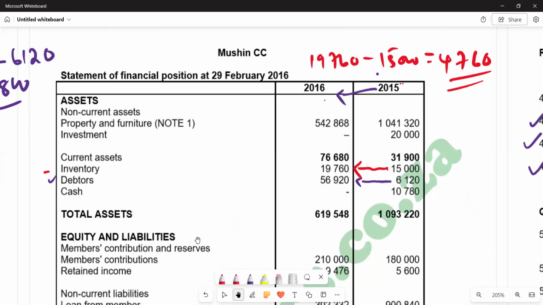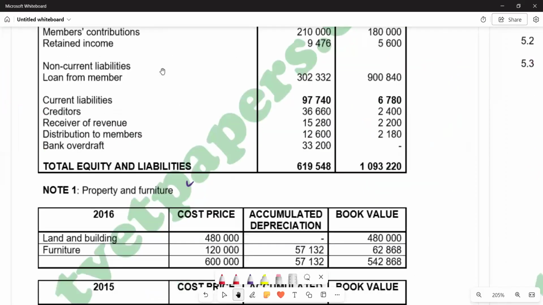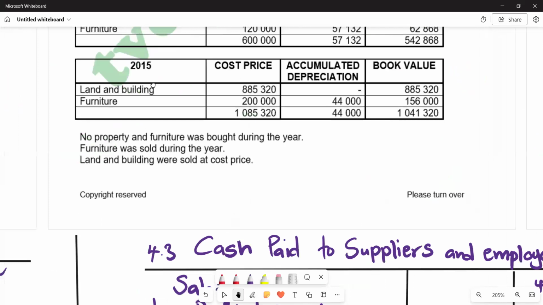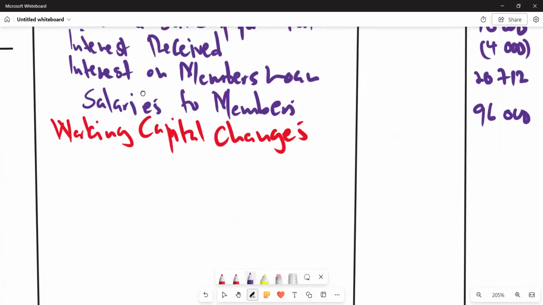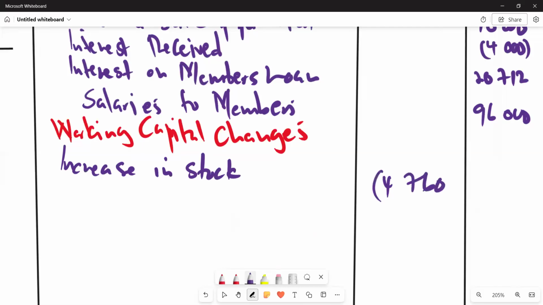So we go back there and say increase in stock, the figure that we have is 4,760. We show it in this column, so that the total working capital change is 4,760, and we're showing it as a negative.